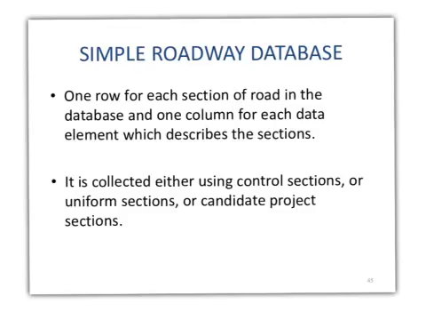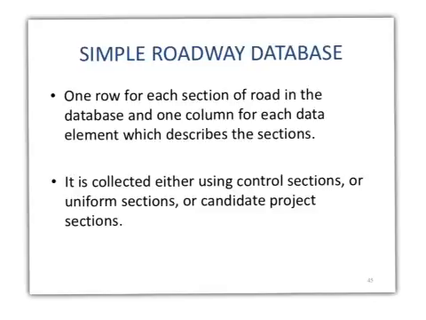In some cases, while you might be the only one to start a payment management system database, you may think of the simple roadway database. What is the simple roadway database? It is simply one row for each section of road in the database and one column for each data element which describes that section.